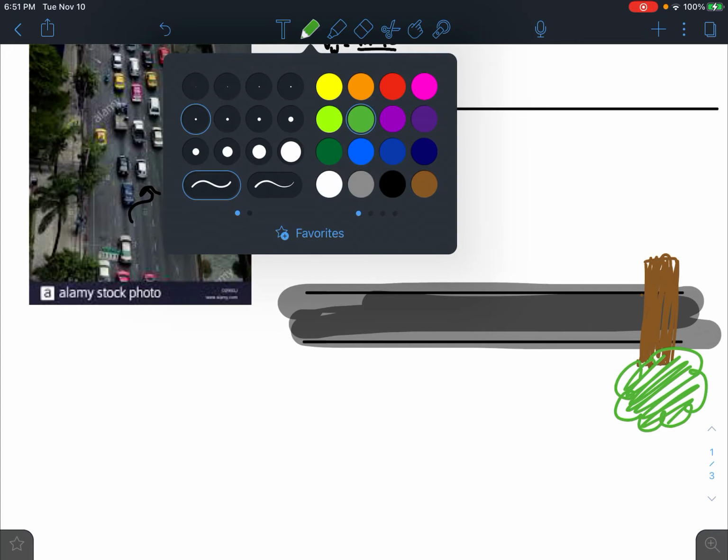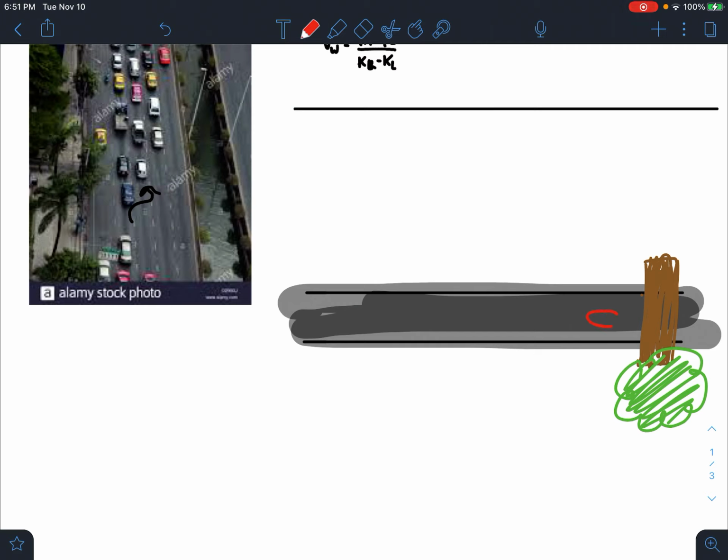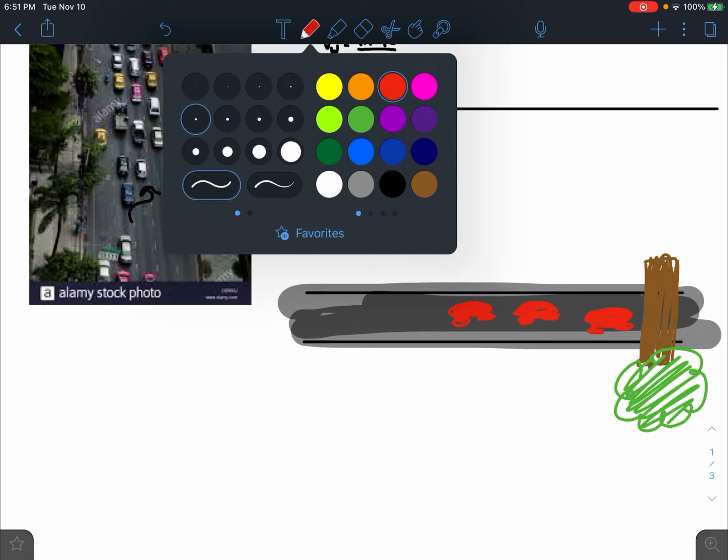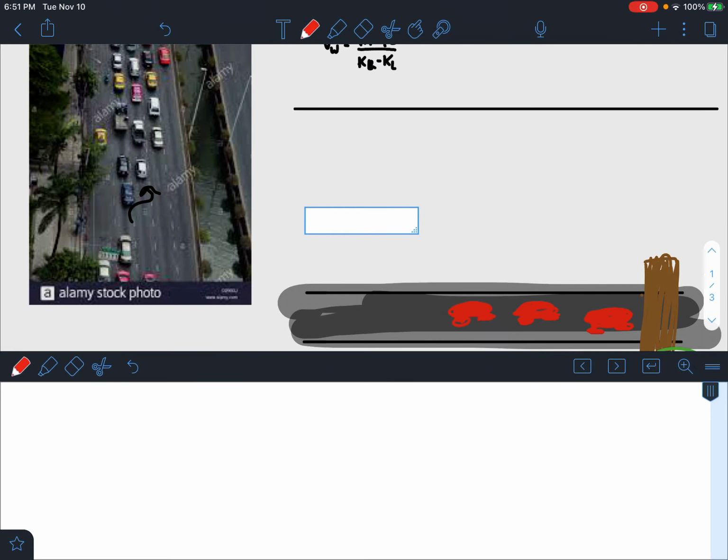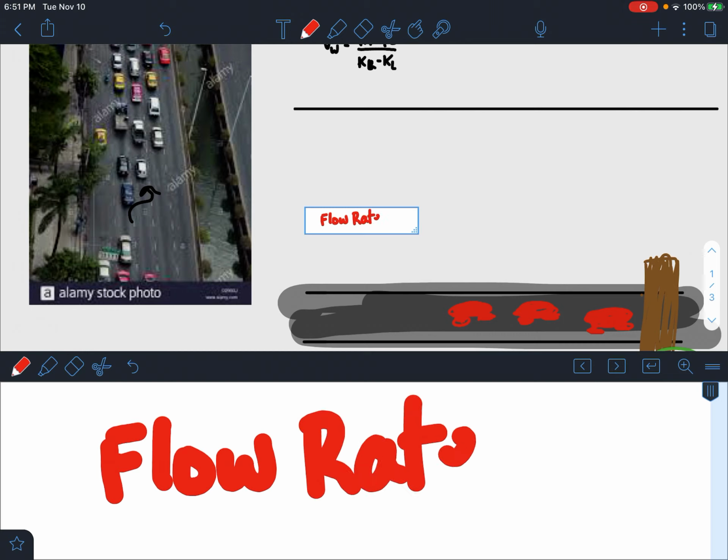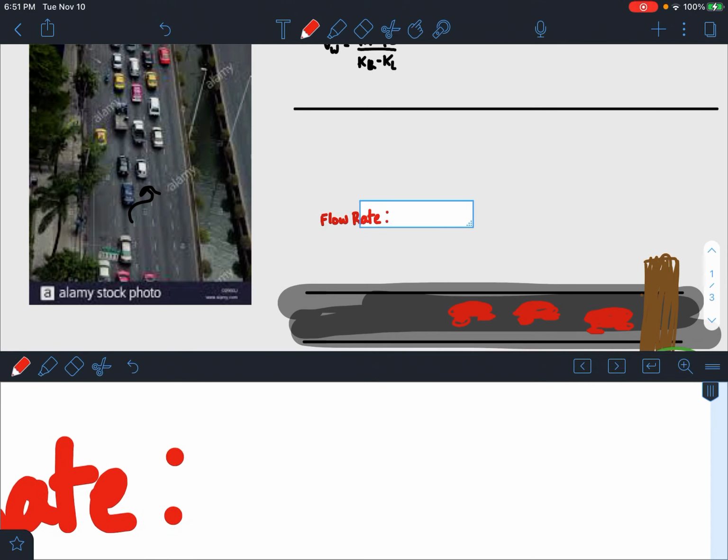So let's say we have this car right here, and this car pulls up, and the tree falls, and this traffic right here keeps coming. Let's say the flow rate at which the cars come in is 10 cars per minute.